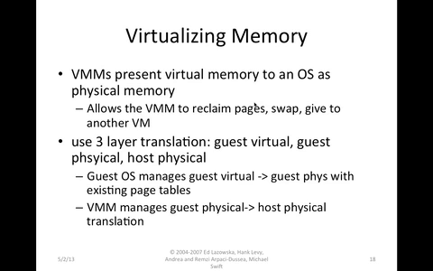So we're doing one lookup in the page table to go from virtual address to guest physical address. And then we're going to take that address and look it up in this page table here to find the real physical address. We have to do this on every single memory reference, because every reference in the guest OS goes through virtual addressing, so we need to go through the guest virtual page table and then the VMM's page table.